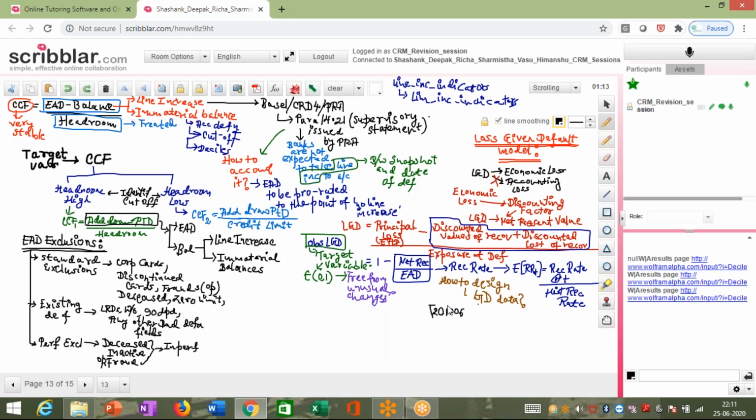There will be two sets of accounts. 2017-06 will have some accounts which have already defaulted as on snapshot. These accounts have already been excluded while preparing data, therefore they are not reflected in the EAD data. So, default on snapshot.